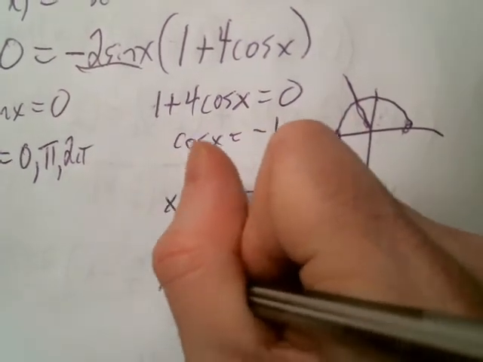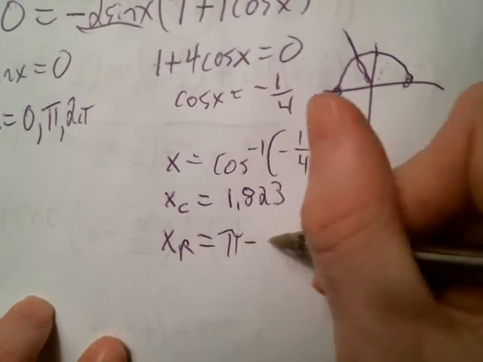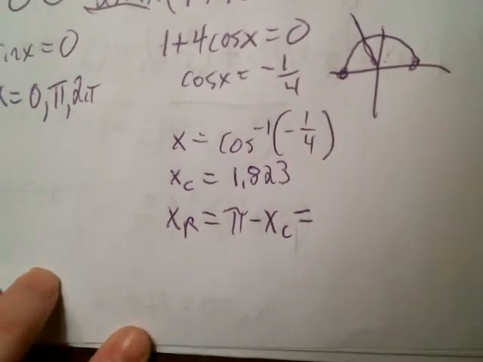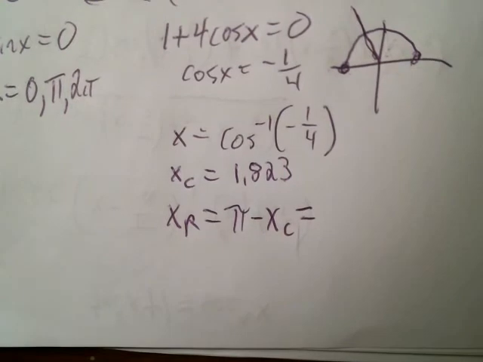So the reference angle that we need is going to be pi minus x. Pi is 180 degrees. Oh, I got it in the wrong mode. I screwed up the mode, sorry.